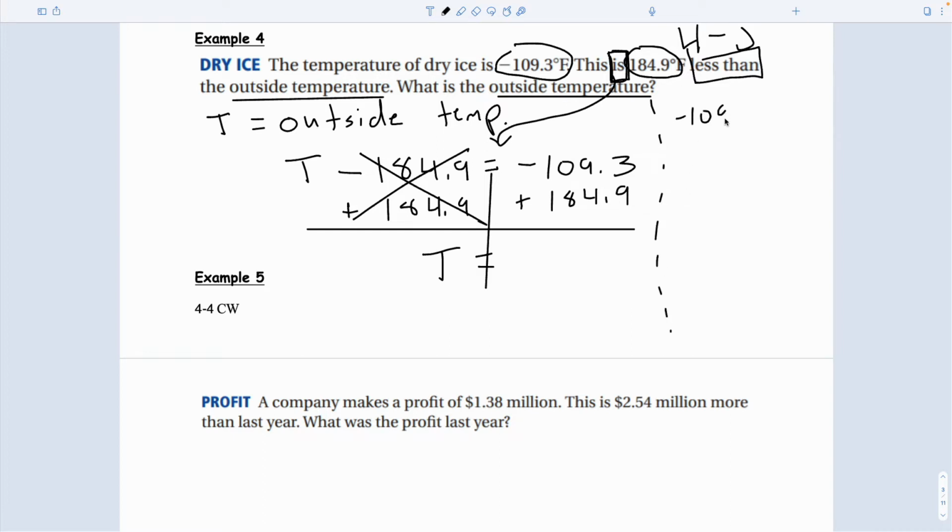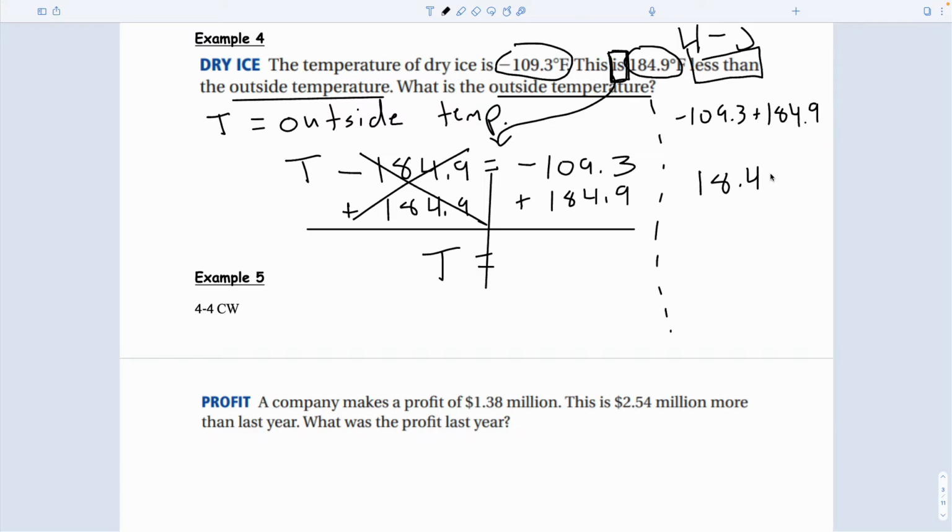You have 109.3 plus 184. Who wins this battle if they fight, Aiden? Negative 109. I heard some people disagree. The positive should probably win because 184 is bigger. So I'm going to set this up to be what number on top?